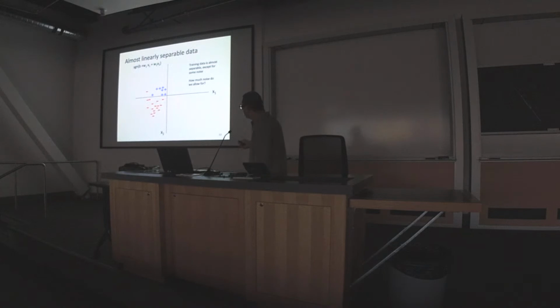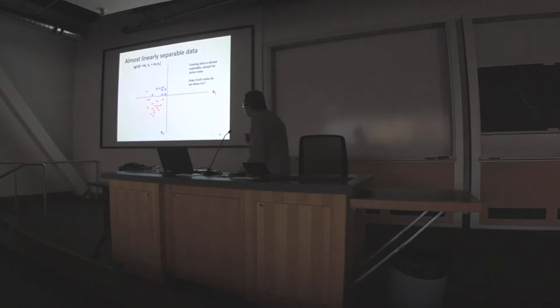Okay. In our previous discussion, we always wanted the training examples to be linearly separable. Right? But in most cases, in the real world, you'll find that it's very hard. You cannot guarantee those examples can be perfectly separated by a line or hyperplane. So we're gonna make some compromise.